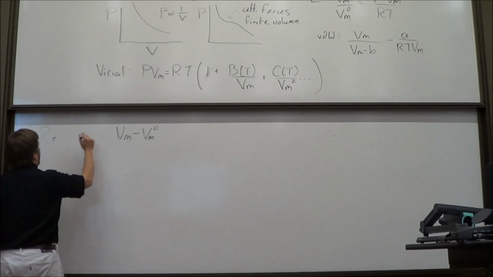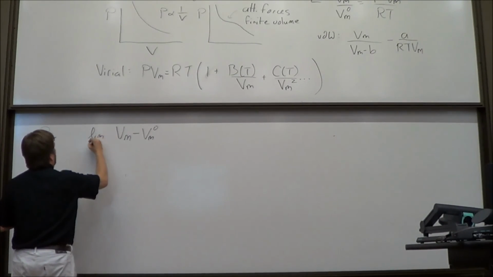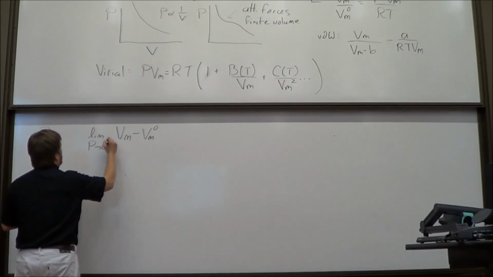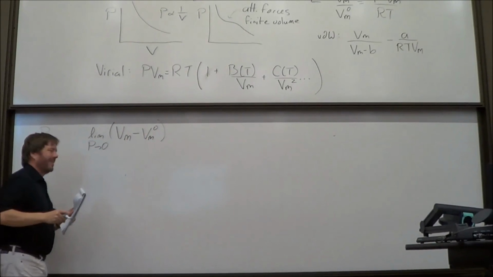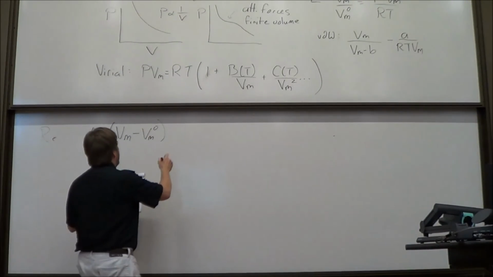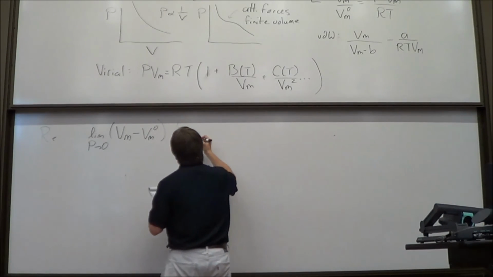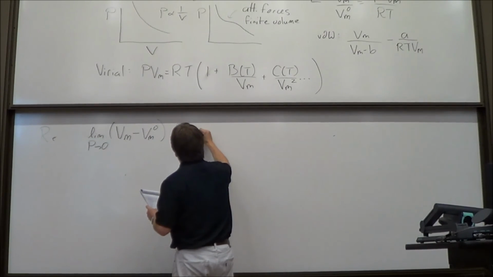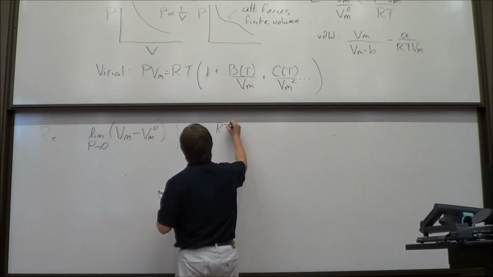This ends up being quite critical, especially on the question on the test. Remember that there's a limit of P goes to 0. And in class, at one point you had to use this little formula.